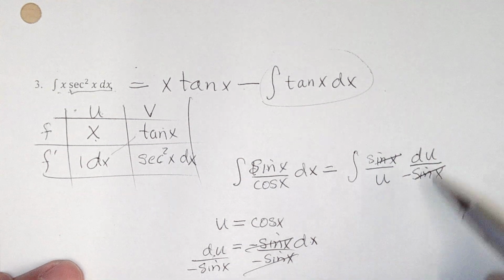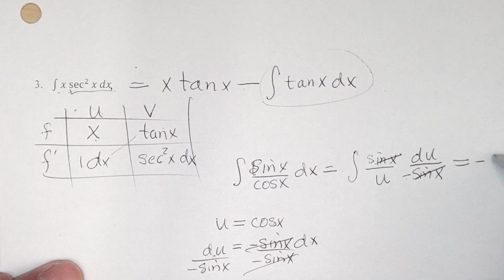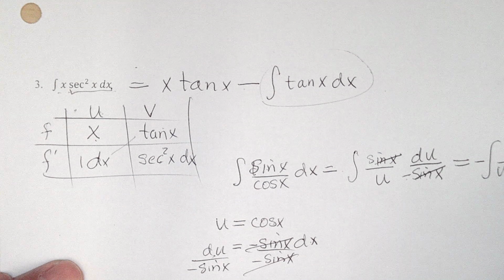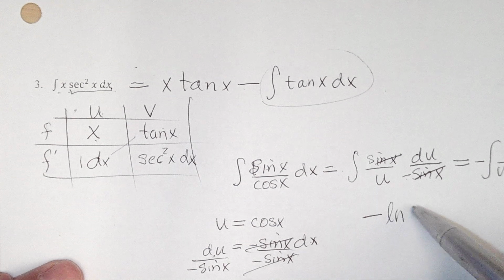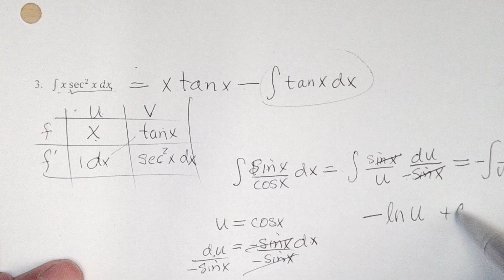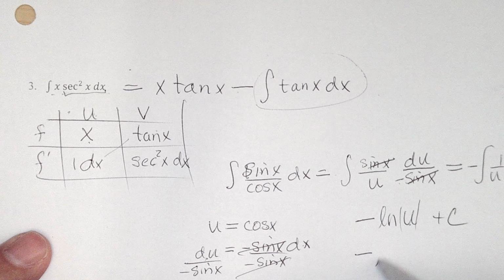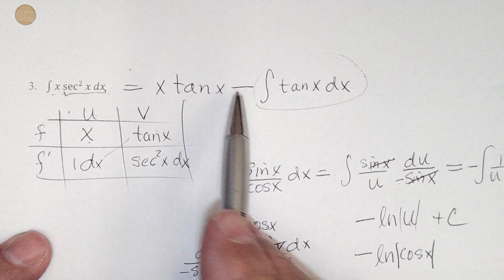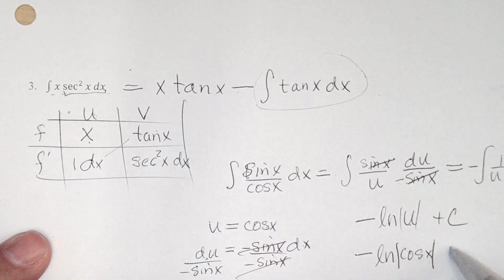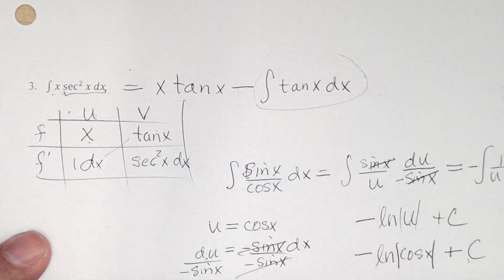The signs cancel, the negative pulls out, and I have 1 over u du, which is negative, the antiderivative of 1 over u is ln u, and u was cosine x, so we get negative ln cosine x, and so we would have minus a minus ln cosine x, which would be plus ln cosine x here, and plus a c.